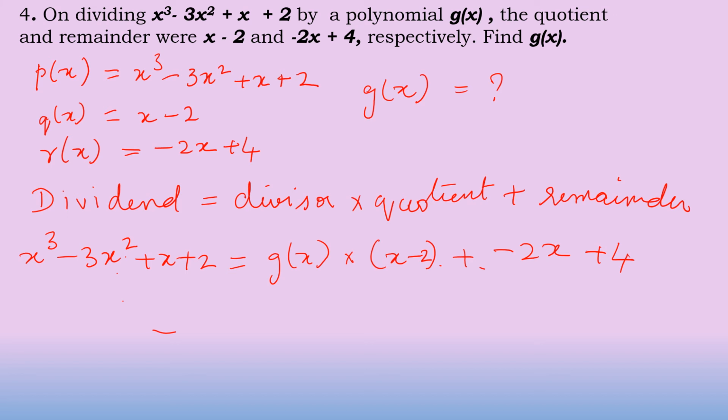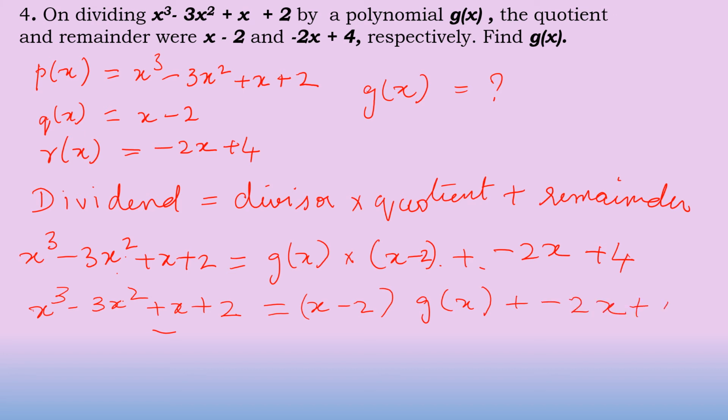So now we can write x cube minus 3x square plus x plus 2 is equal to x minus 2 into g of x plus minus 2x plus 4. You can say x minus 2 into g of x is equal to x cube minus 3x square plus x plus 2.